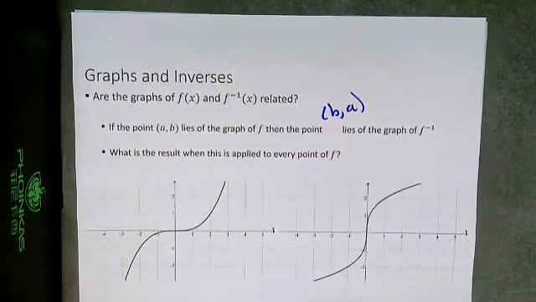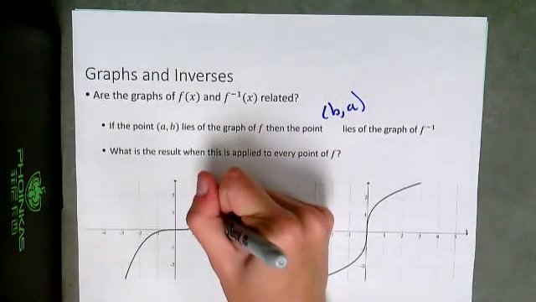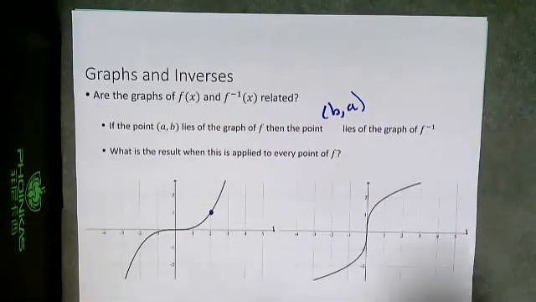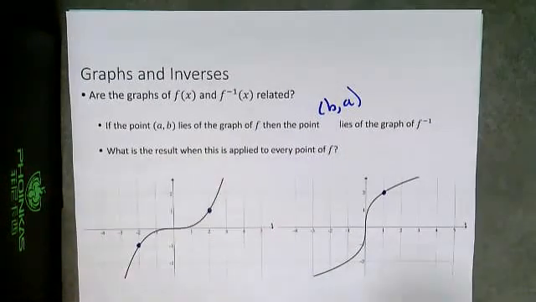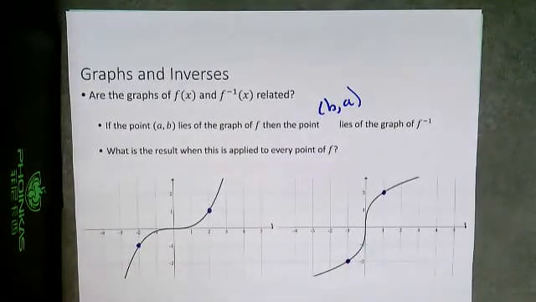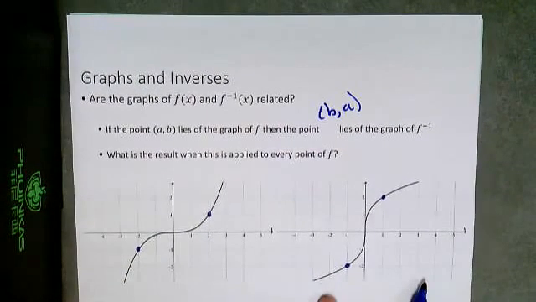What is the result when this is applied to every point of f? Look at this function: this is 2, 1, that became 1, 2. We look at -2, -1, that became -1, -2, right?